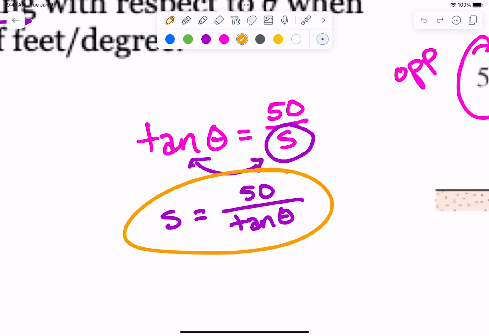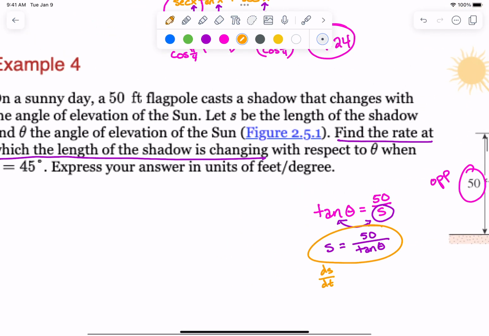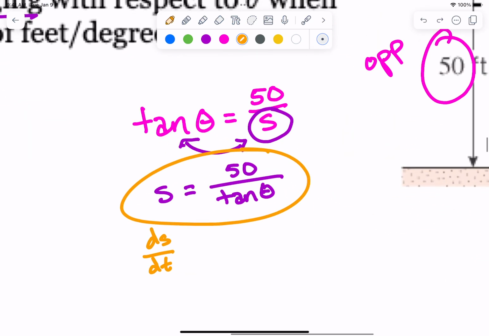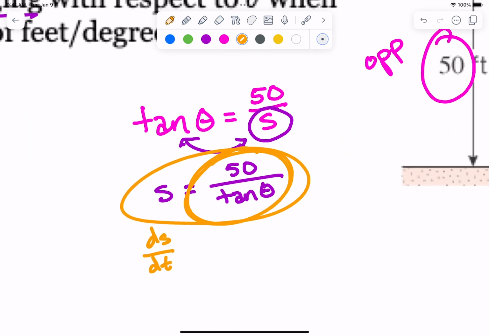We want ds over dt, the derivative of shadow, another way of saying y prime or f prime of x, with respect to time because the sun is changing over time. Express your answer in feet per degree. Don't get bogged down with the notation. We're just finding the derivative of this thing. How do I find the derivative of 50 over tangent theta?